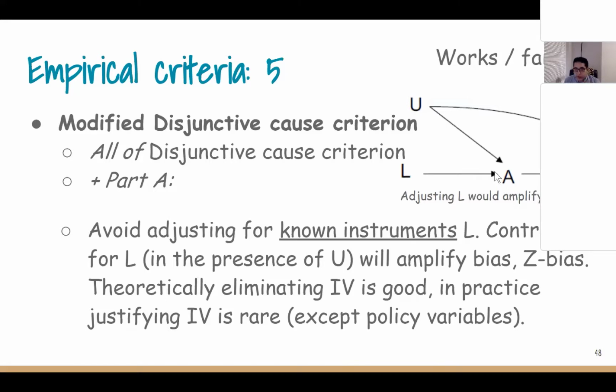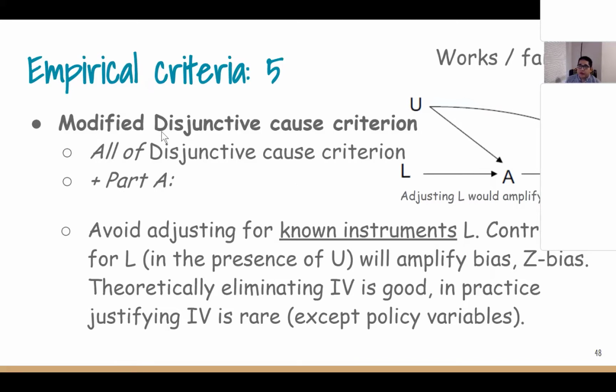But we already know that if you are adjusting for an instrumental variable in your regression model, when your modeling purpose is causal, then it is going to introduce bias in your analysis, or at least make your variance estimates poor, right? So in the modified criteria, there are two parts.